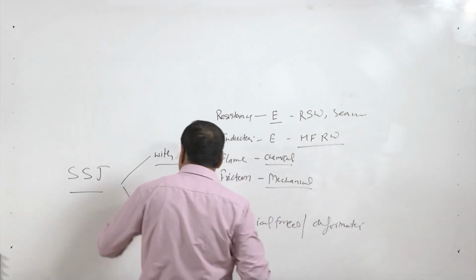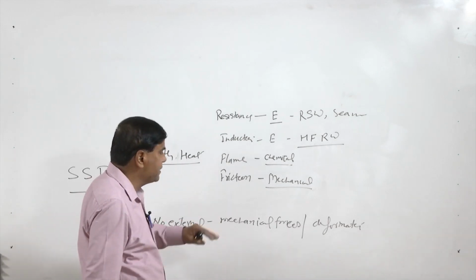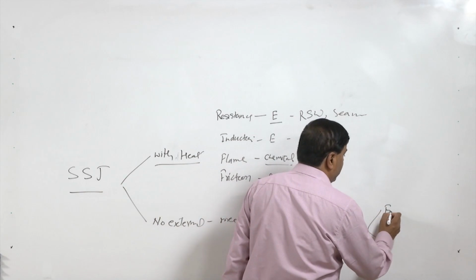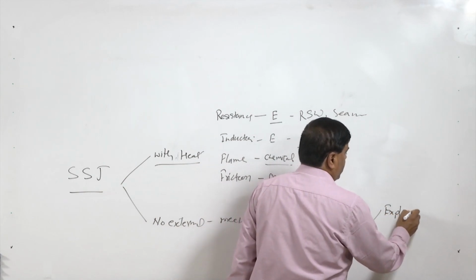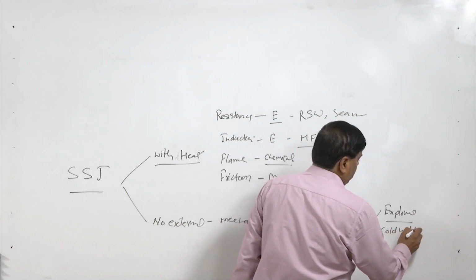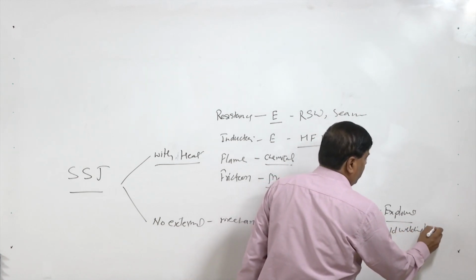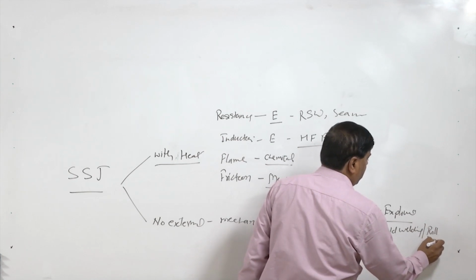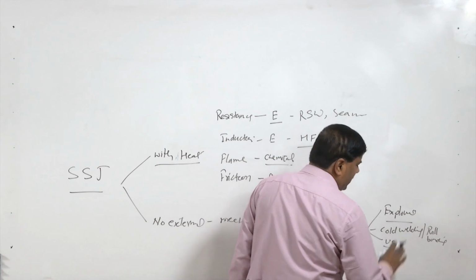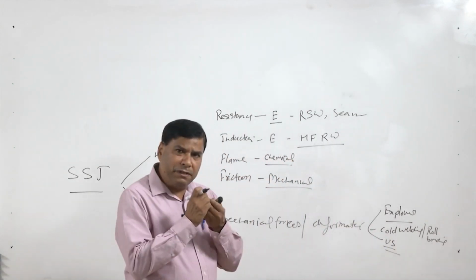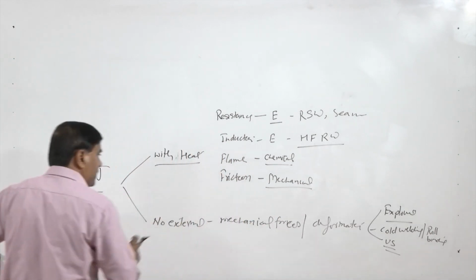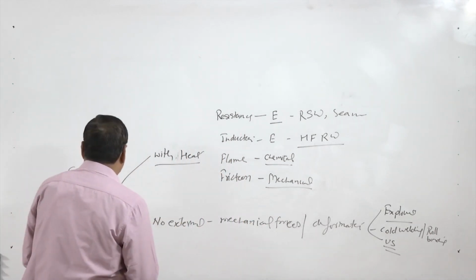Then you will see another category where no external heat is applied, mainly forces are used, like explosive welding is one, cold welding is another, or you can say roll bonding is also of a similar kind, and then ultrasonic welding, where no external heat is applied and an extremely small amount of heat is generated through the interfacial friction in case of ultrasonic welding processes.